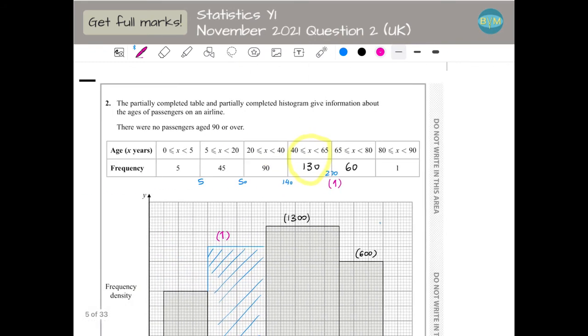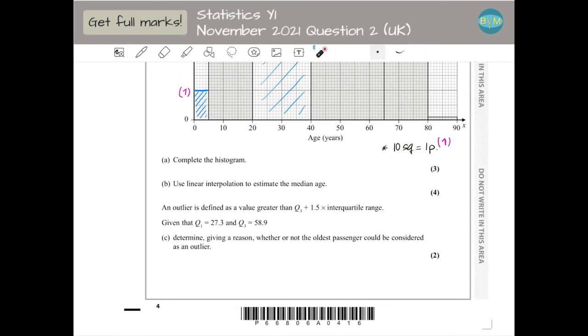And the last part of the question, question C, it says an outlier is defined as a value greater than Q3, so the upper quartile, plus 1.5 times the interquartile range. Given that this is Q1 and this is Q3, we need to know if the oldest passenger, which is between 80 and 90, is an outlier. To find outliers, we need to find the limits for the outliers. We are talking about the upper side, so the limit for the outliers that are too large.